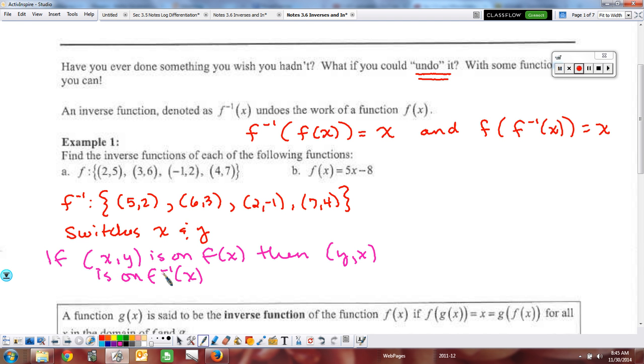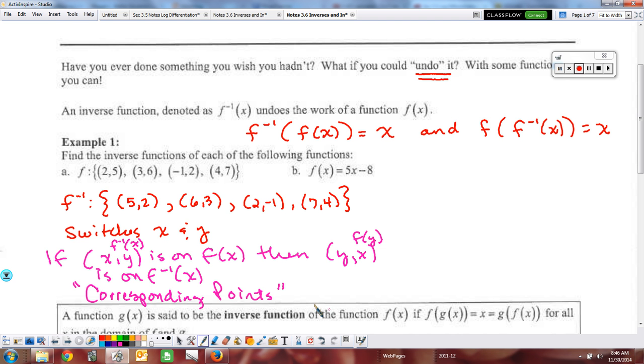And I'm going to call these points a very special name. These are going to be called corresponding points. This is going to be important when we start to find the derivatives of these inverse functions. We will have to have this idea that with corresponding points, f inverse of x is y, which would tell me that f of y is x.